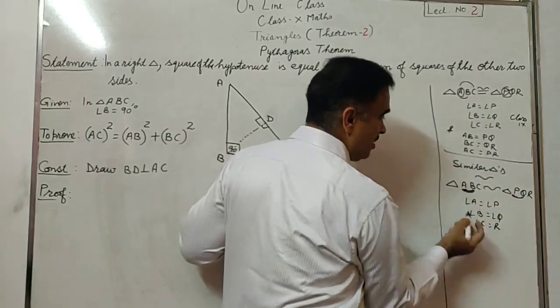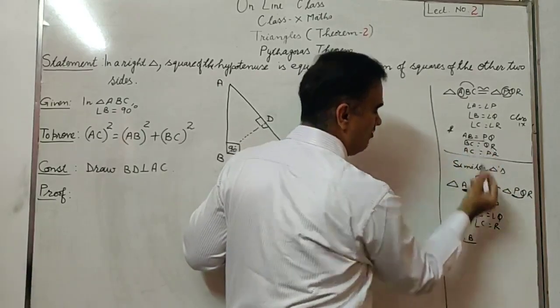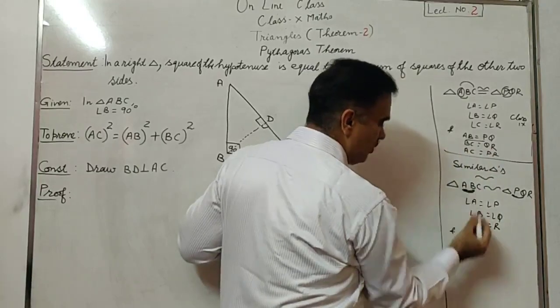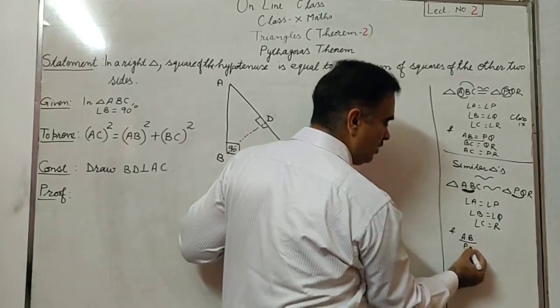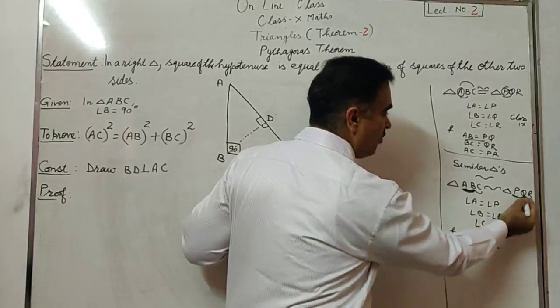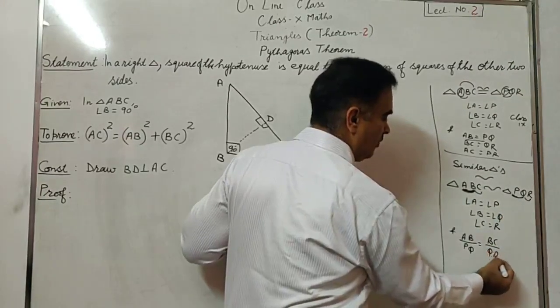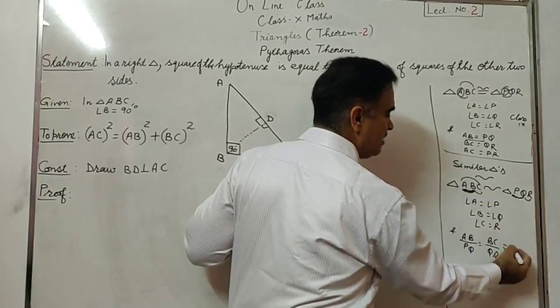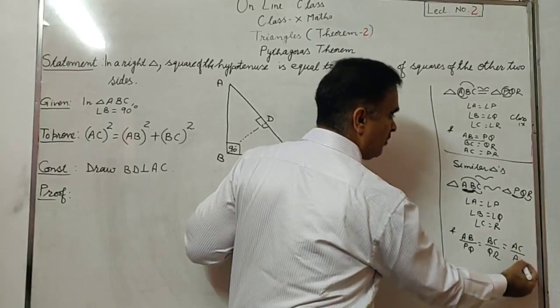It means in congruency the sides were equal, but here they are in the same ratio: AB upon PQ equal to BC upon QR equal to AC upon PR.